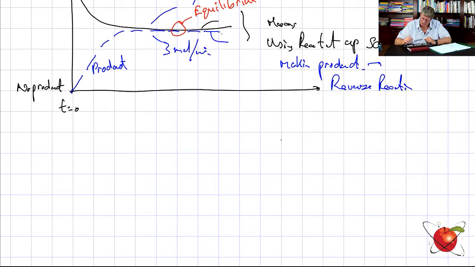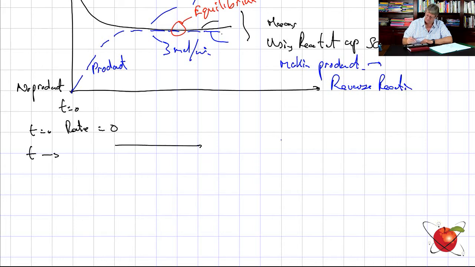So now let's just start off and analyze at the beginning at t equals 0. As I start, the rate of reaction is 0. It hasn't happened. Then I start, time marches forward. I have got a forward reaction which is high.